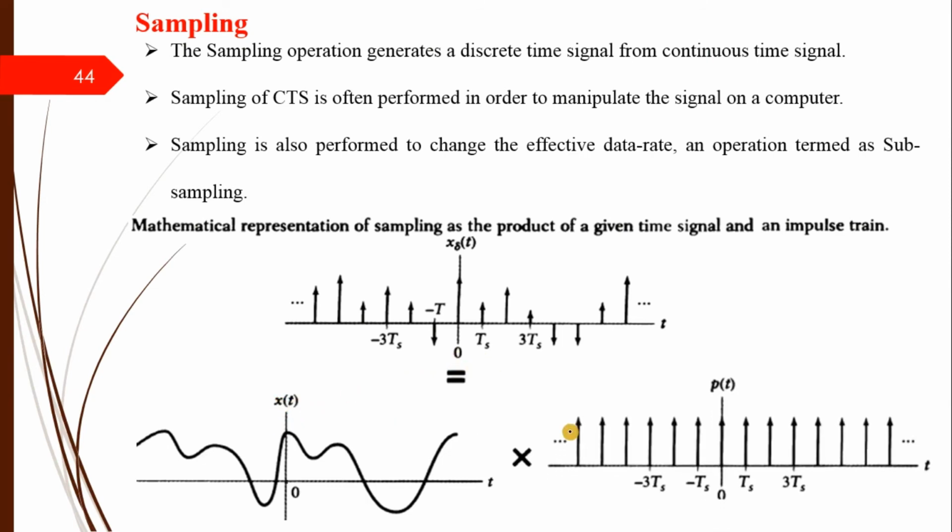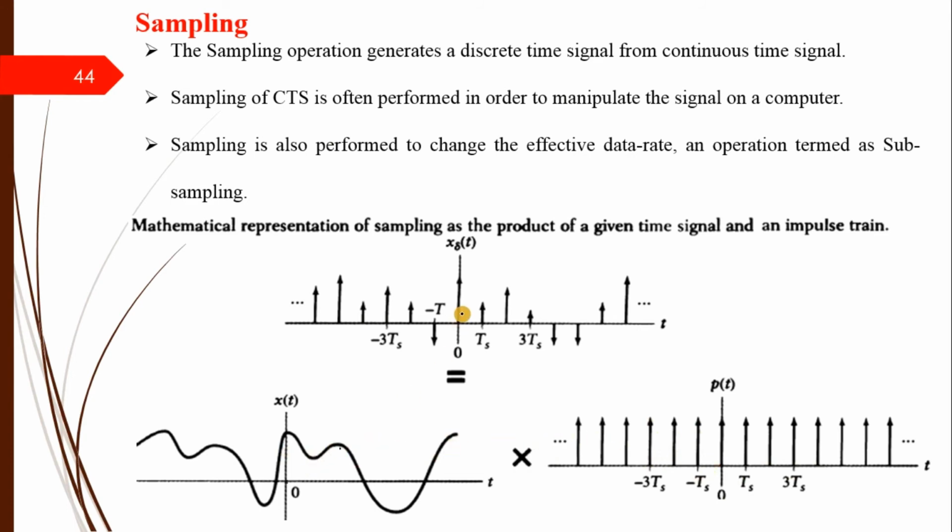For this x of t signal, I multiply an impulse train. This impulse train is designed such that the delta function occurs at every Ts amount of time: Ts, 2Ts, 3Ts, and it goes on. This gets multiplied with the continuous time signal. Wherever it is multiplied with amplitude 1, the signal will be retained. Wherever it is multiplied with 0, that signal will be lost.